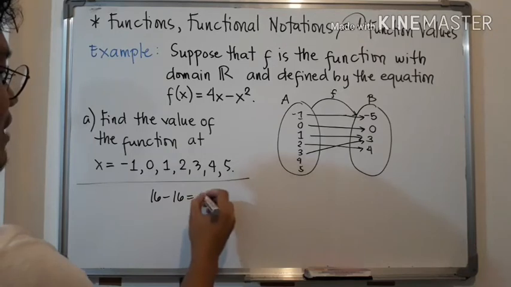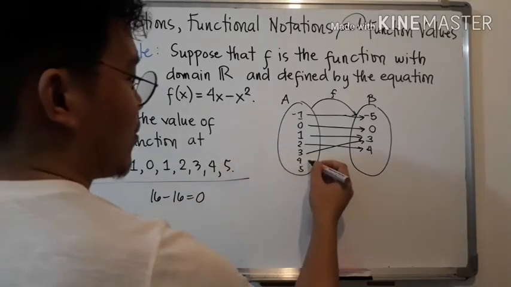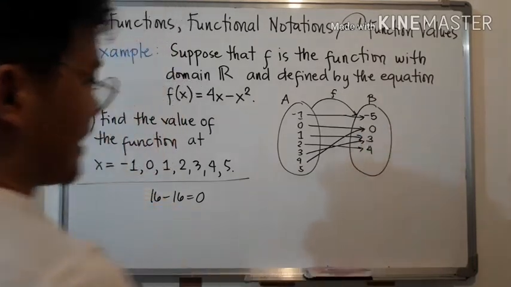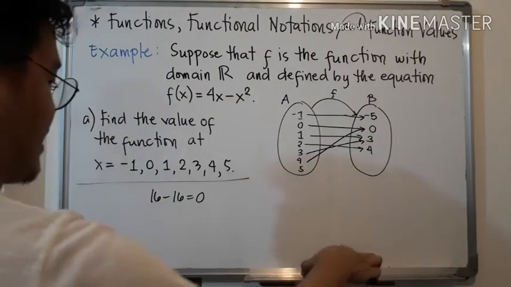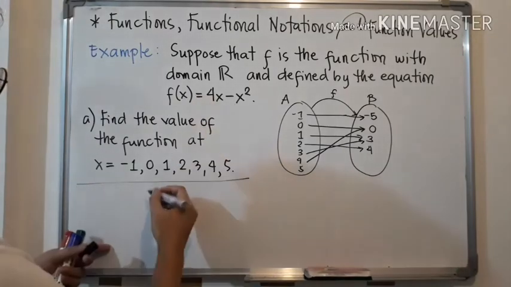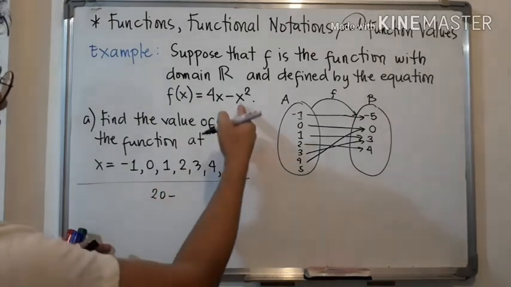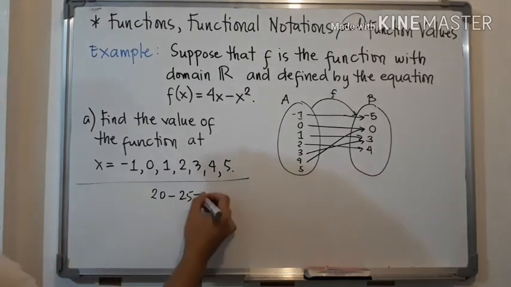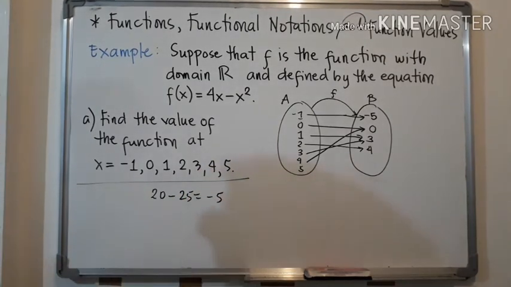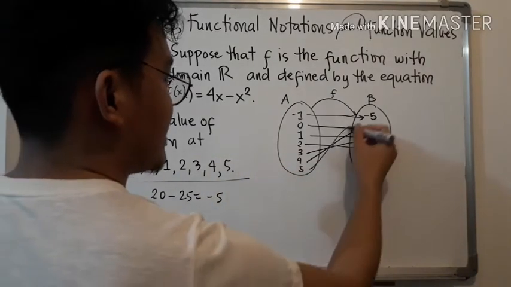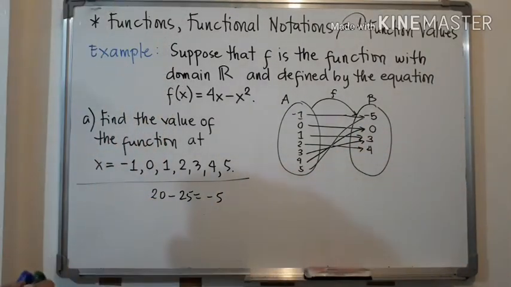Therefore, this becomes 0. So positive 4 is paired with 0. And lastly, we have x equals 5. That is 4 times 5, which is 20, minus 5 to the power of 2, which is 25. And so we have negative 5. So positive 5 is paired with negative 5.